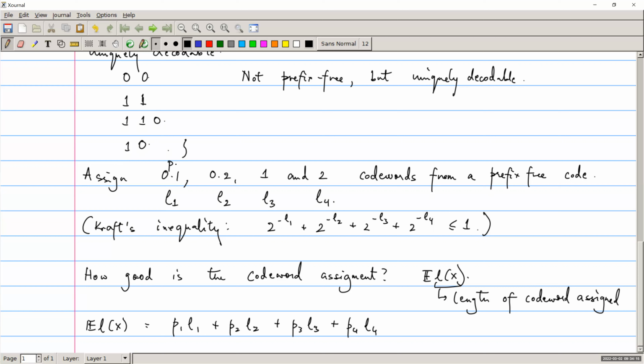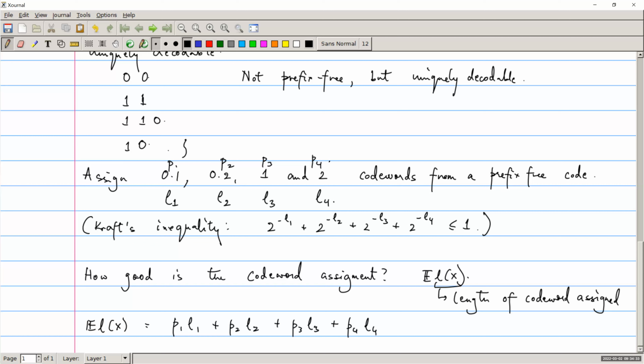Recall that P1, P2, P3, P4 were the probabilities assigned to each of these realizations. So this would be the expected length of the codeword.